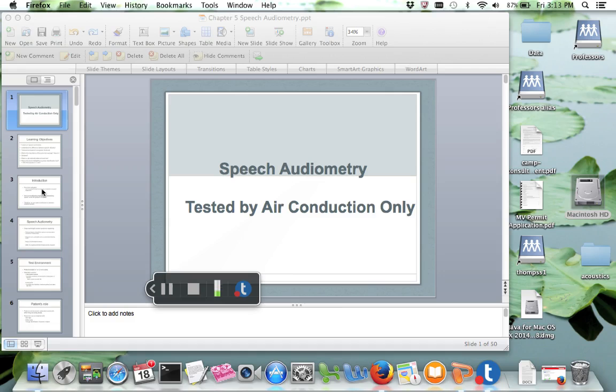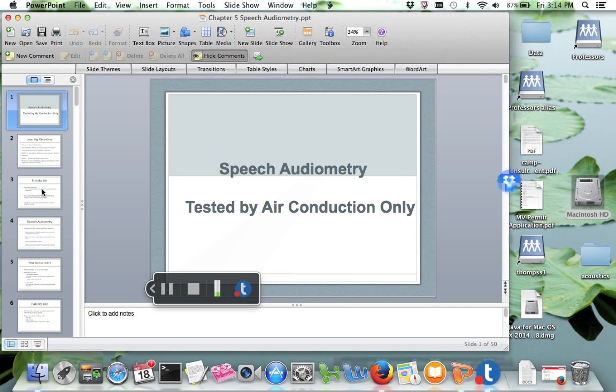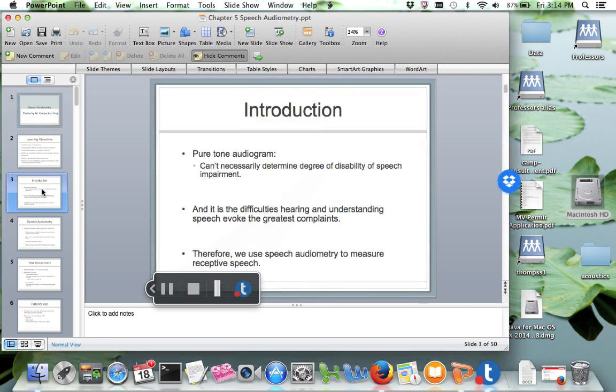Now, audiologists are most concerned not necessarily with beeps and how well a person can hear a beep, but how well they can hear speech. So we do speech testing after we've determined the pure tone thresholds and the type and the degree of hearing loss.